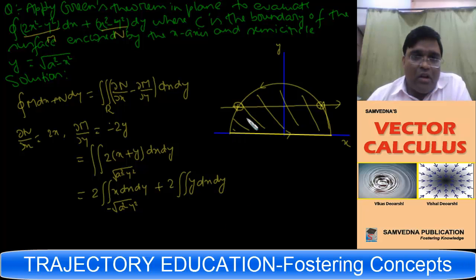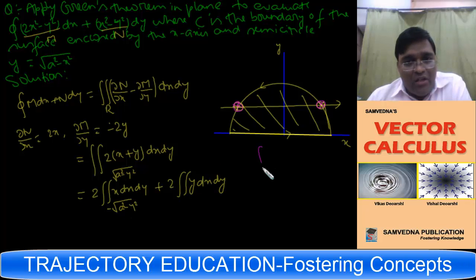If I draw an arrow parallel to the x-axis, this is where the arrow intersects the curve, and this is x equals minus square root of a square minus y square. So x will vary from minus square root of a square minus y square to plus square root of a square minus y square.